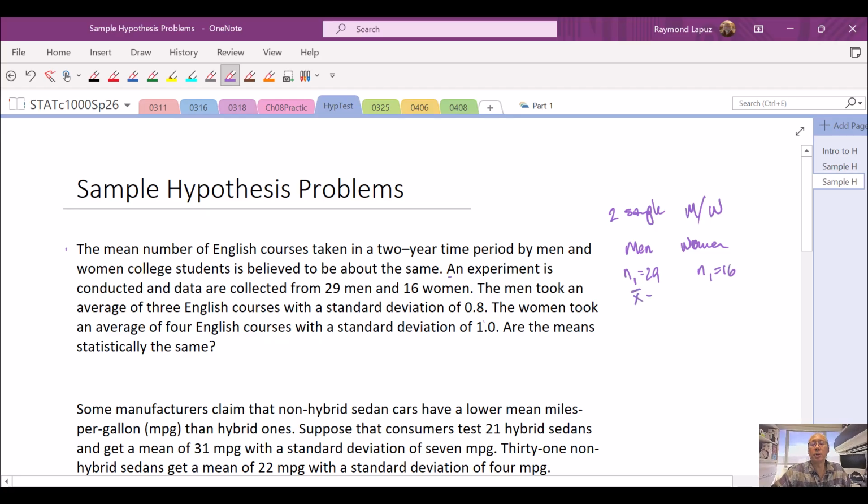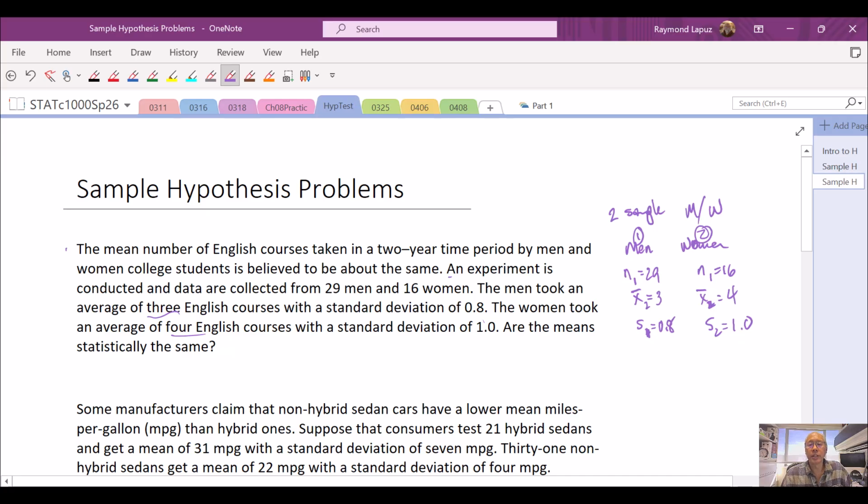Now the X bar, the mean: the men took 3 English courses, whereas the women took 4 English courses. So I want to put the subscripts here as well to match with the men and the women. So I'm just going to say this is 1, this is 2. And then the S, this is the sample standard deviation. For the men it is 0.8, this is S1, and S2 is going to be 1.0.